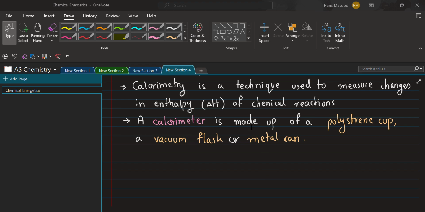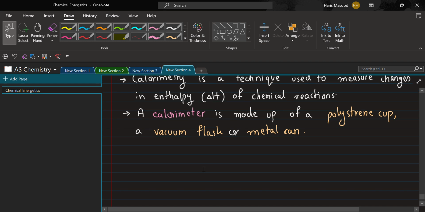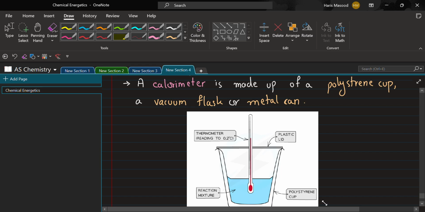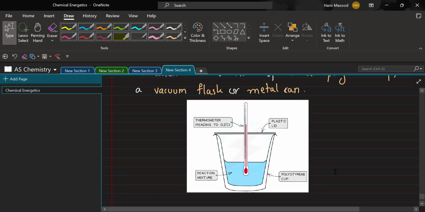Okay, let me show you the diagram. This is basically a simple calorimeter.